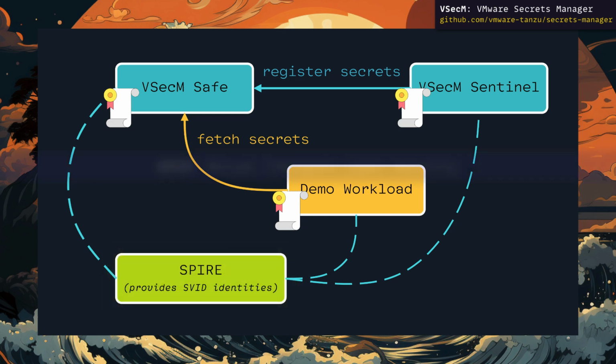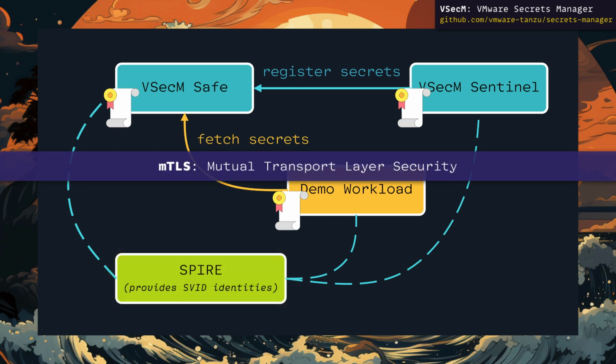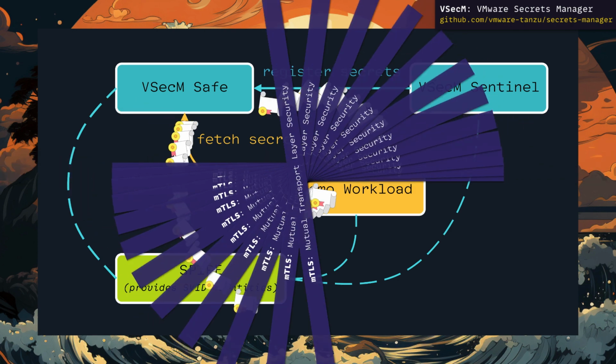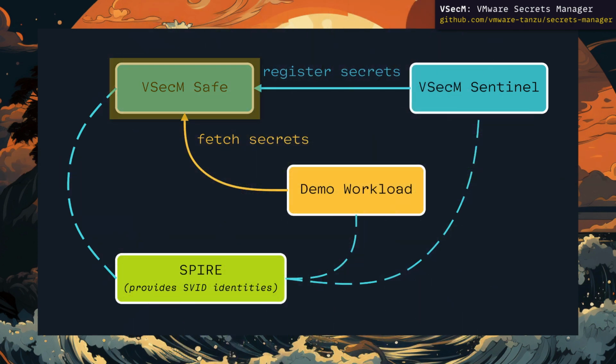Those certs establish secure mutual transport layer security, or MTLS connections. VSecM Safe is our secure secret store. You can think of VSecM Sentinel as the bastion host, where you connect and register secrets for workloads to VSecM Safe. The demo workload uses VSecM Safe APIs to fetch secrets.